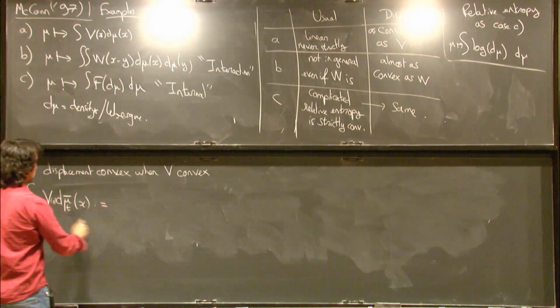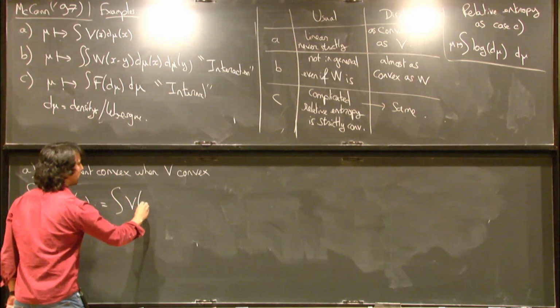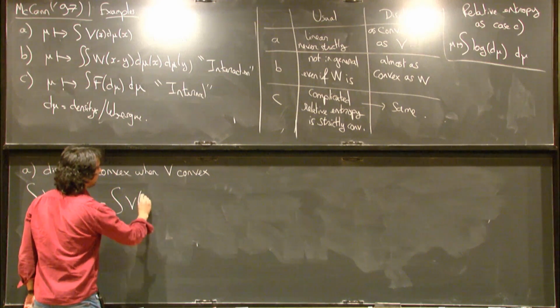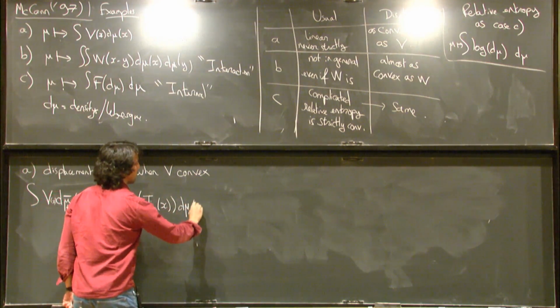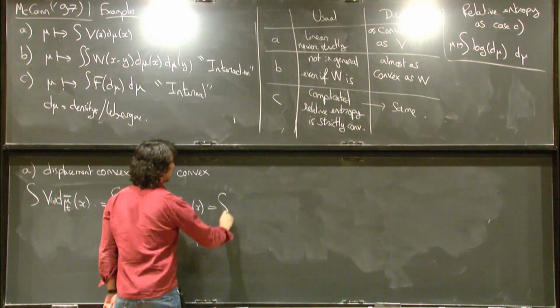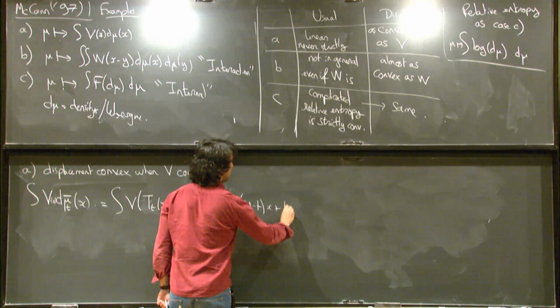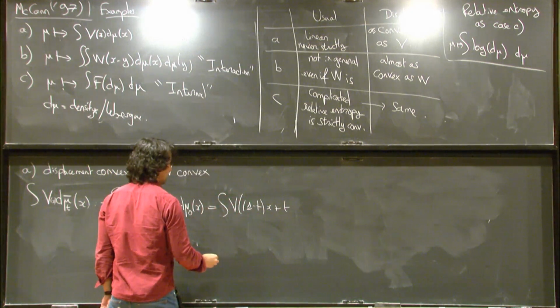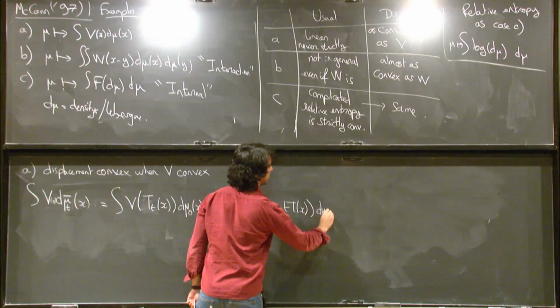By definition of d mu bar t, it's the integral of V of T_t of x, which is V of (1 minus t) x plus t T of x, d mu 0 of x.